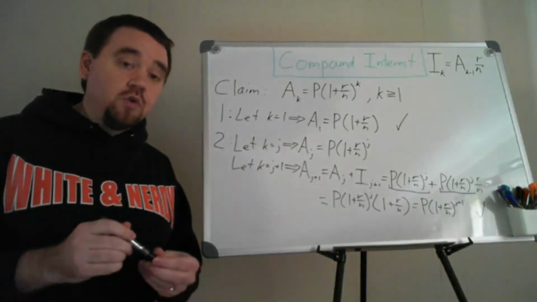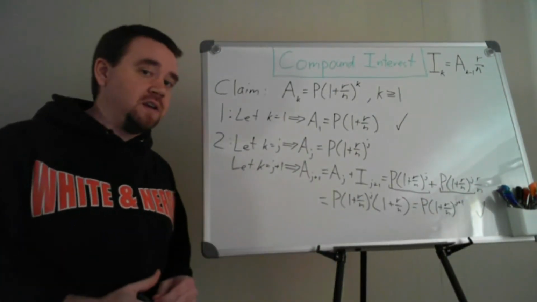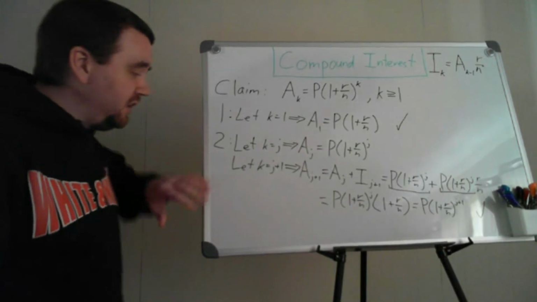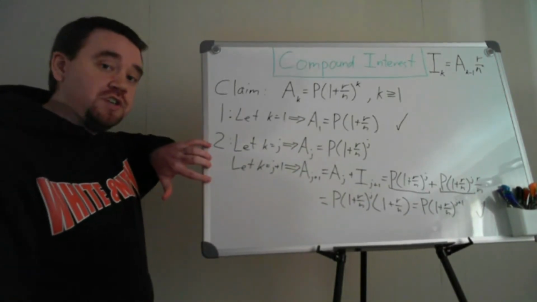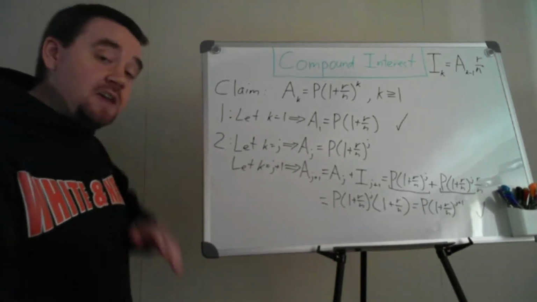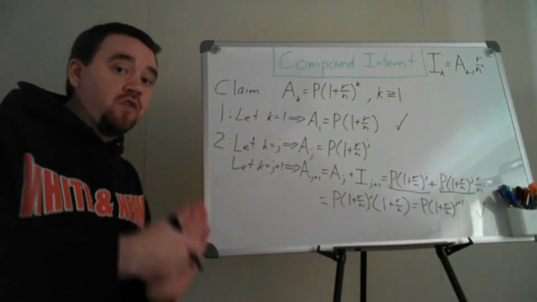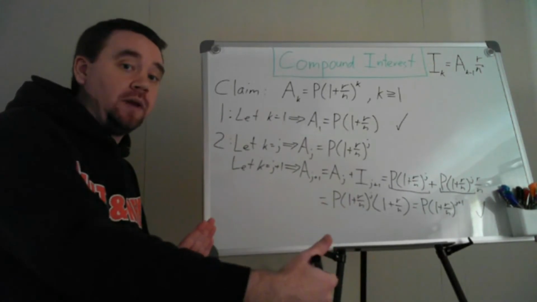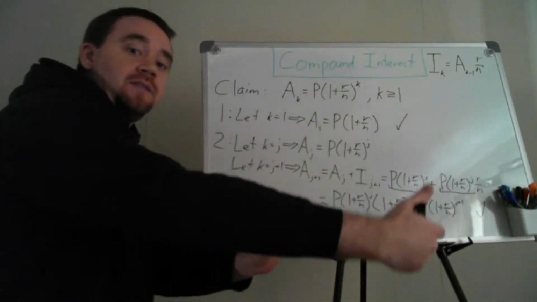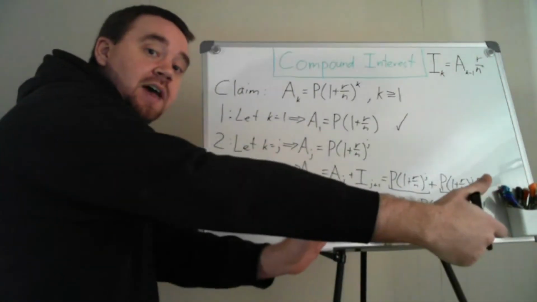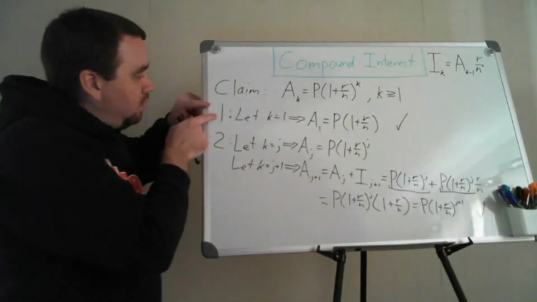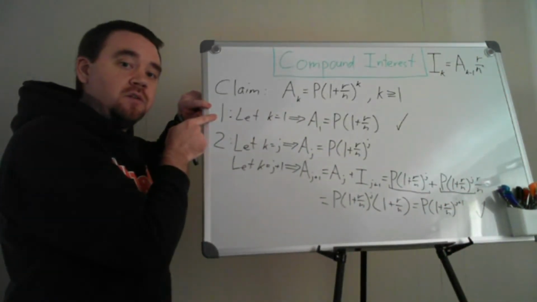So how do we put those two things together to show this is a proof by induction? Well, what I basically said with part 2 is that if it's true for some value of j, then it's always true for the next value of j. Always. Which means then it's true for the next one after that, and the next one after that, and the next one after that. Well, part 1 showed it is true for some value of j.